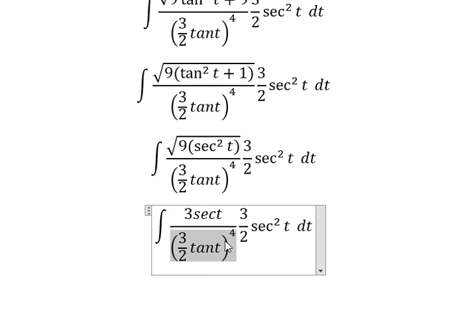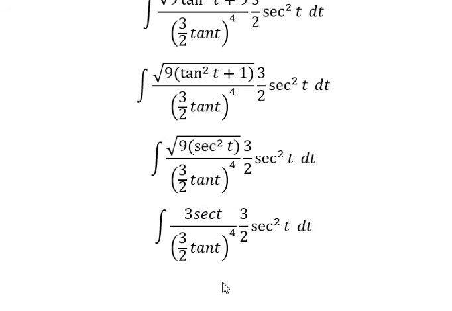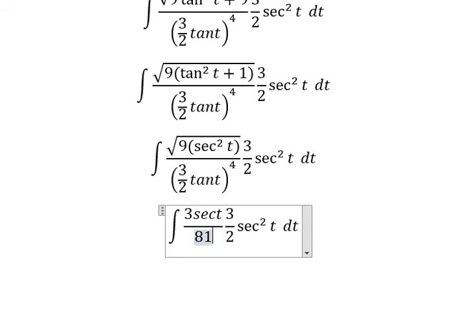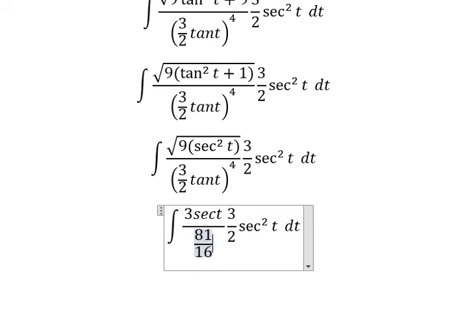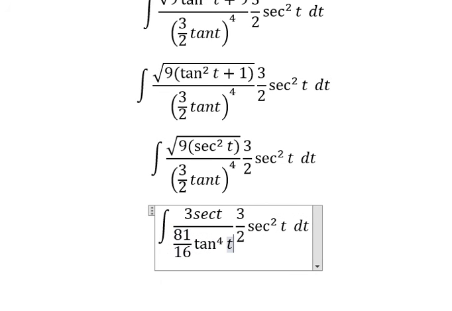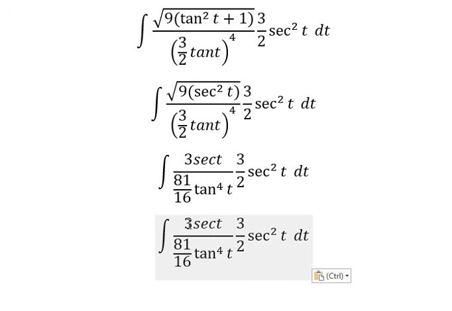Now we need to expand this one. You get 81/16 tan to the power of 4 t. Now we have number 3, 81/16, and number 3/2.